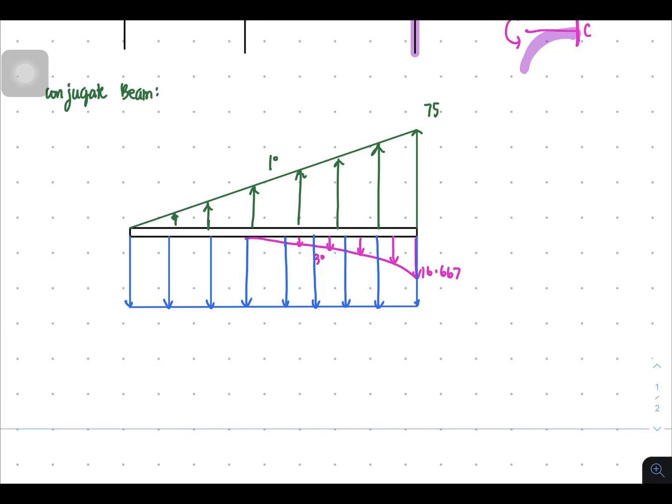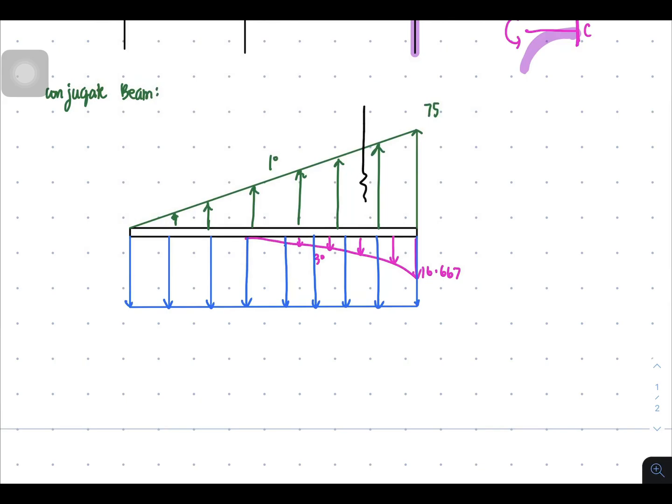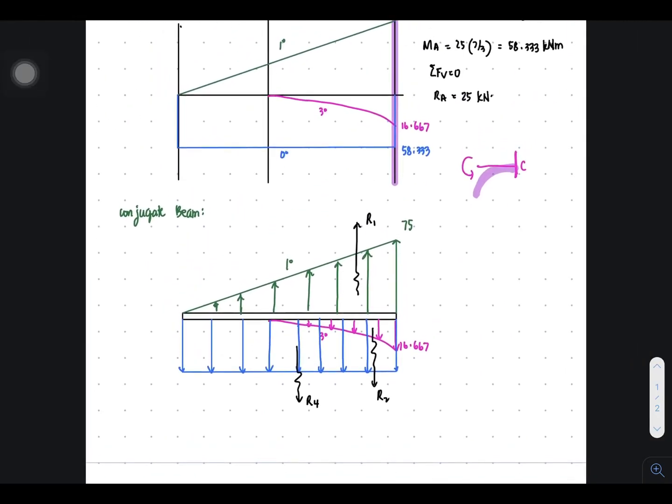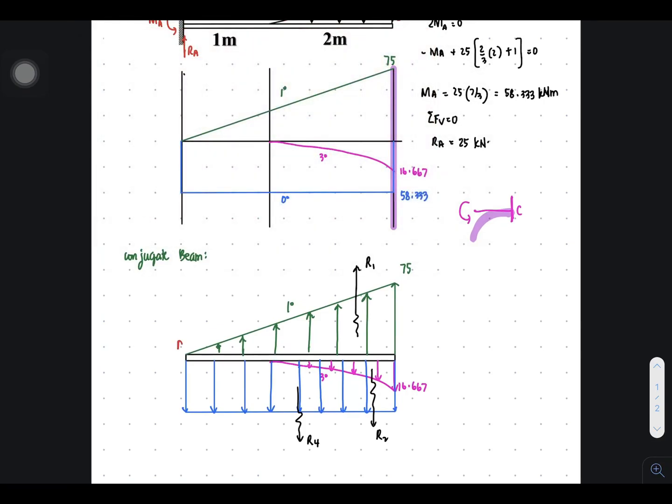Okay. And then do not forget the reactions or resultants. I'll call this R1. And this is R2 for the spandrel, 3rd-degree line. And this is for R3. And let us evaluate the supports. So this is A prime now, this is B prime, this is C prime.